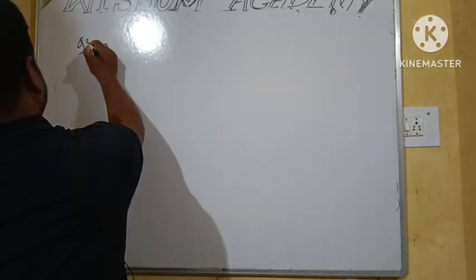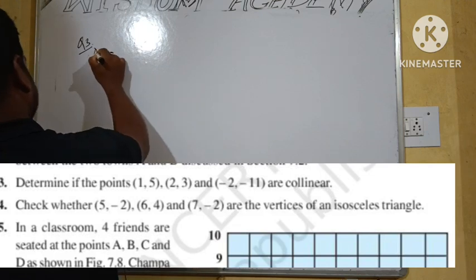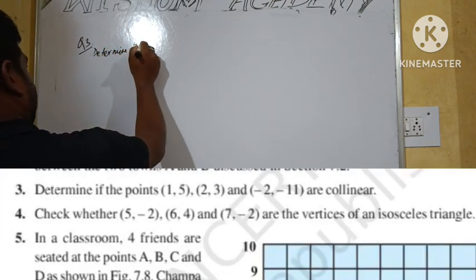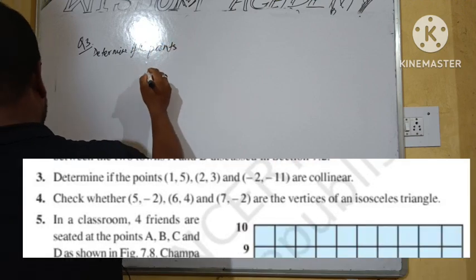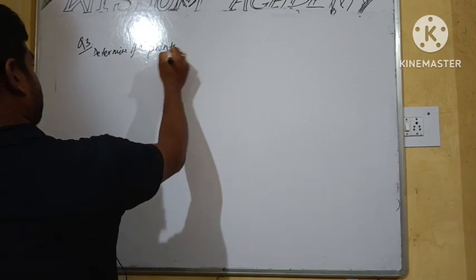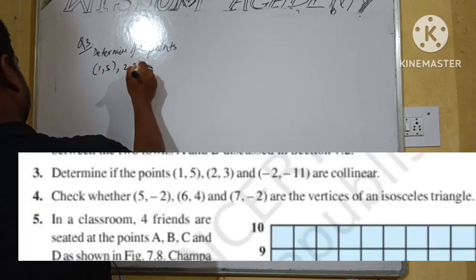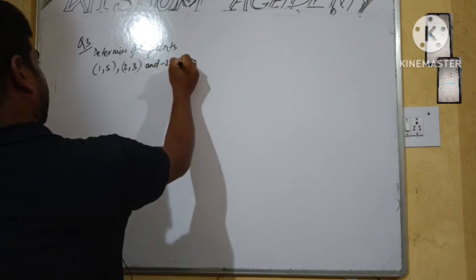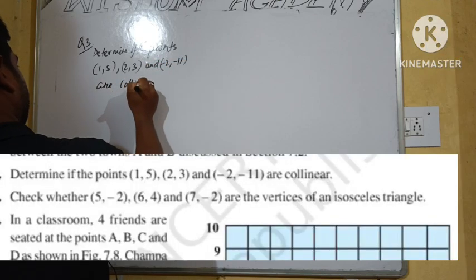Question number 3. Determine if the points (1, 5), (2, 3) and (-2, -11) are collinear.